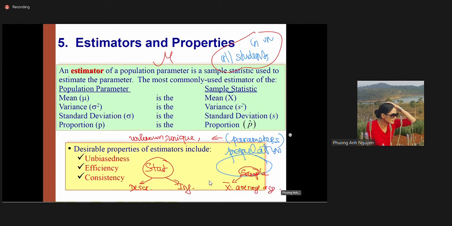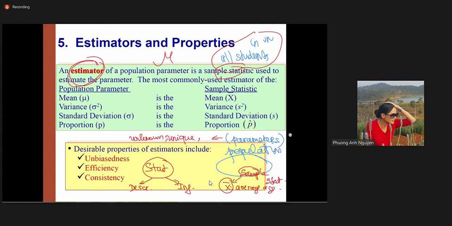X bar is what I call a statistic, and the formula to calculate the statistic can be seen as the estimator. So an estimator is simply a sample statistic, given by a formula that we use to estimate the parameter.